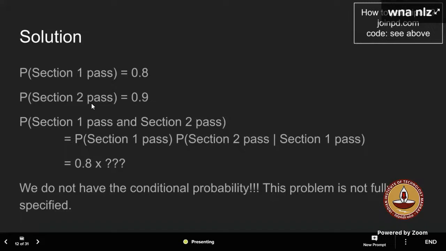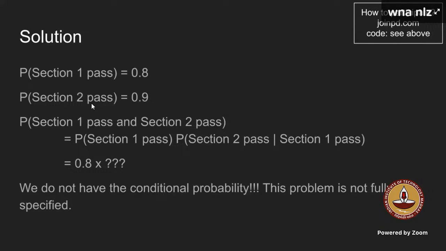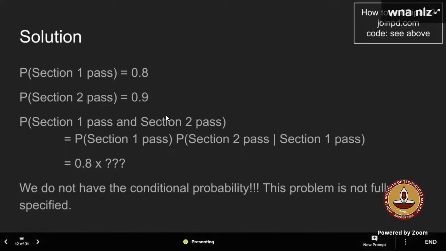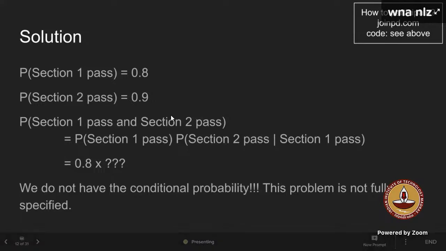It's a complementary method: a person who passes in section 1 but not section 2, summed up with not passing in section 1 but passing in section 2, and then summed up with passing in both. That is the thing we are saying.